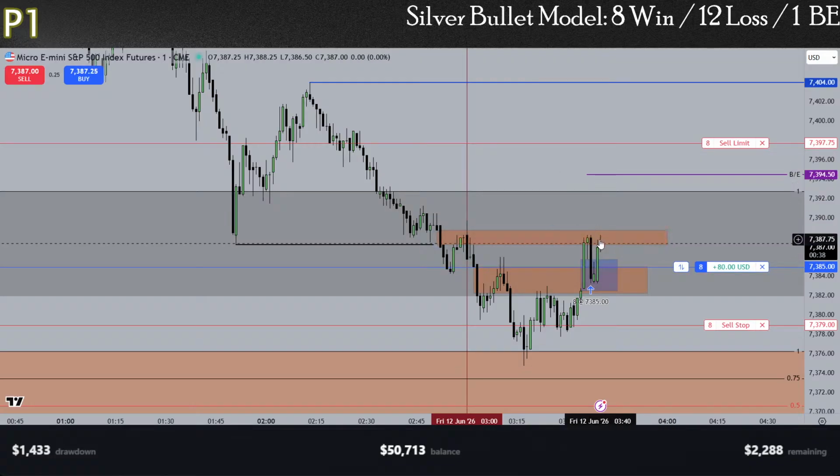So that's the next little thing that I want to see. And overall, as long as we are not closing below this inversion fair value gap, then everything looks pretty reasonable.